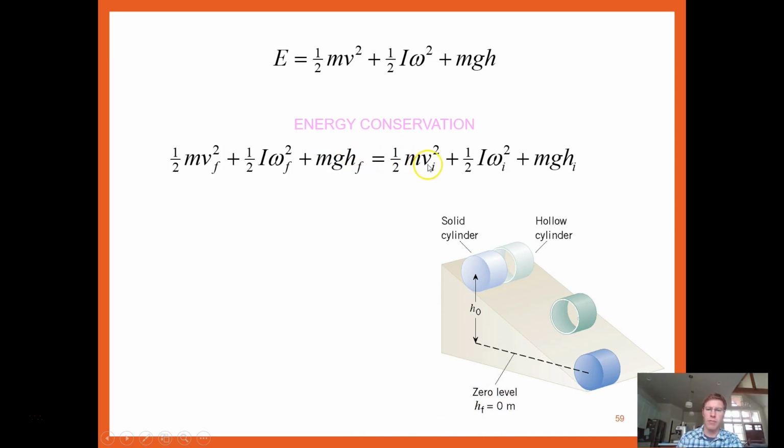And that equals 1/2 mv initial squared plus 1/2 I omega initial squared plus mgh initial. So h initial is just our starting height. V initial and omega initial are both going to be 0. And so what we're left with is just our final kinetic energy is equal to mgh. That's true for both cylinders.